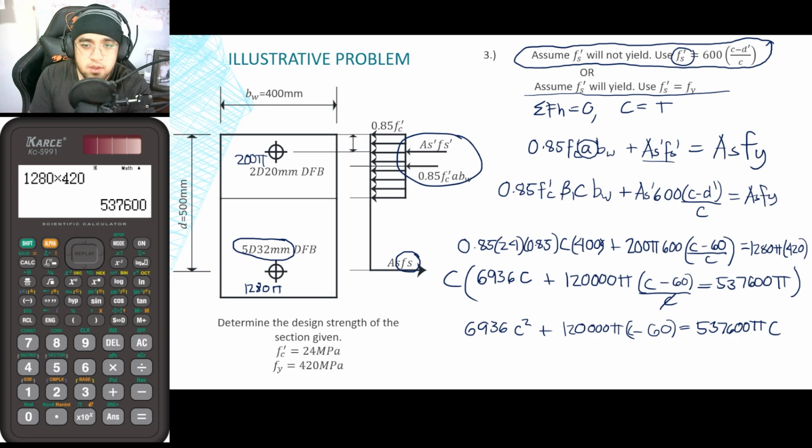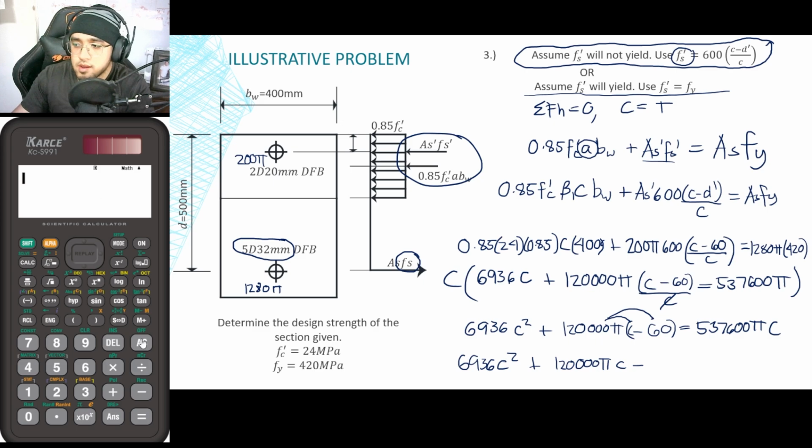Simplifying this further, I would now be writing this as 6936c squared plus 120,000 pi times c. Using the FOIL method, minus 120,000 times 60. This is now equal to 7.2 million.